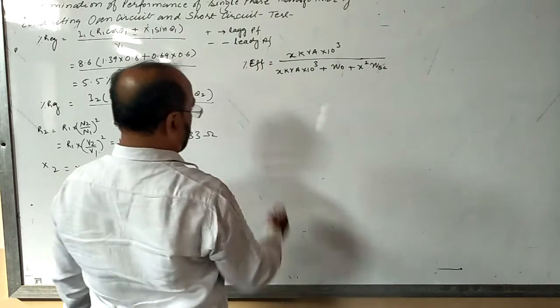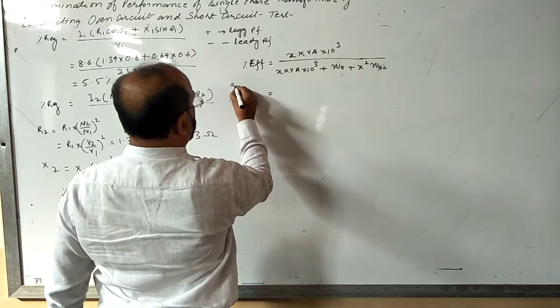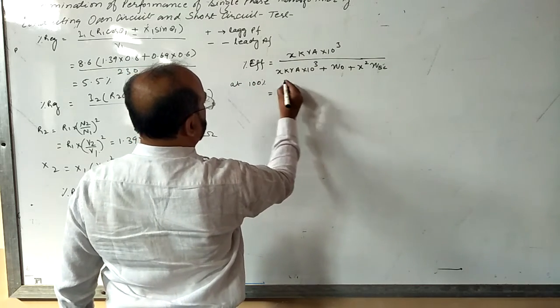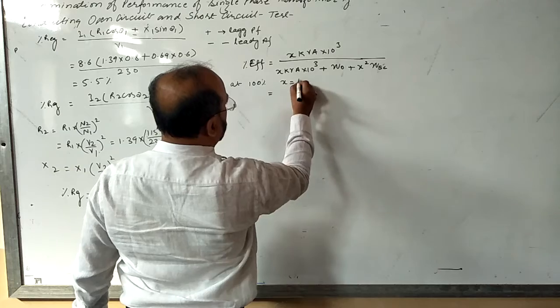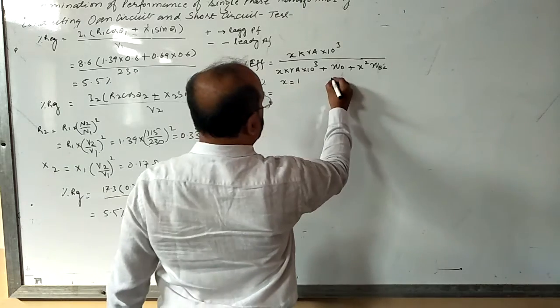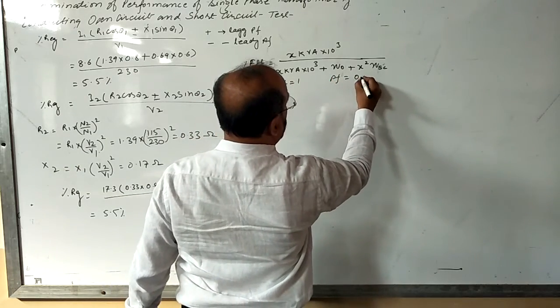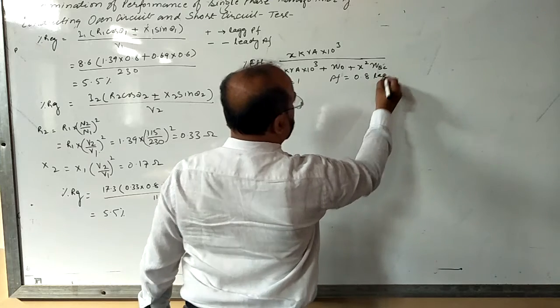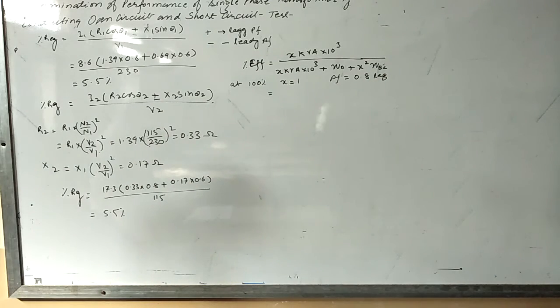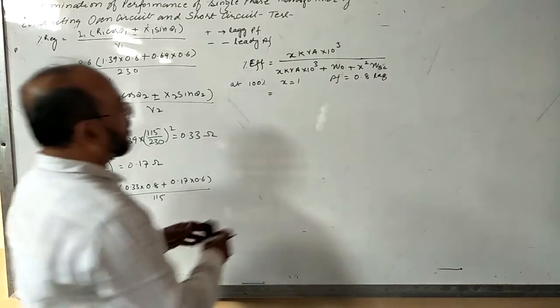Okay, so for example at 100% load, x is equal to 1, and the power factor is equal to 0.8 lag, or say the power factor we can consider as cos phi for any value.